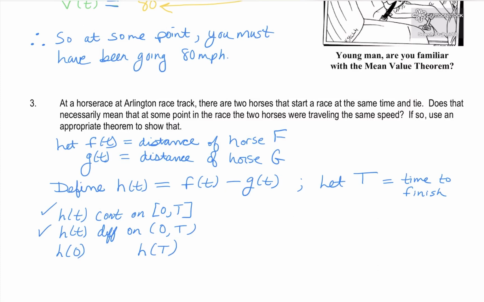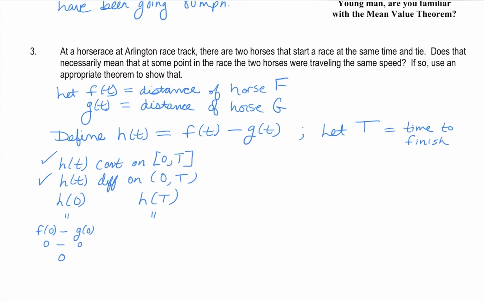So h of 0 is just f of 0 minus g of 0. This is just their initial position, pretty boring. These are both 0, so obviously that's 0. And then the time to finish the race, that's what capital T is.